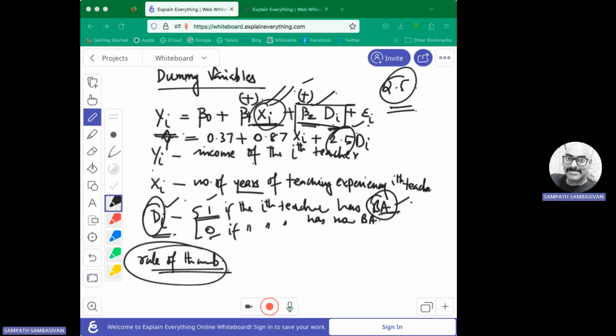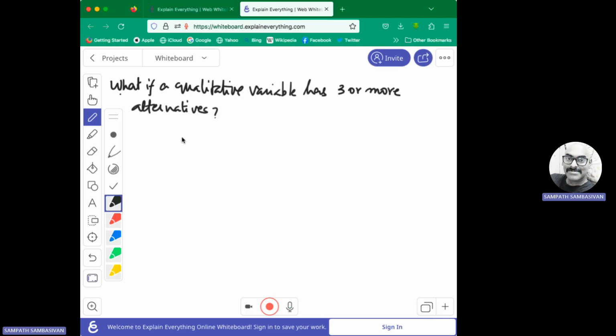So consider this kind of a possibility now. You can have a case where you can segregate these teachers into 3 categories. The degrees of the teachers can be segregated into 3 categories where you have PhDs, you also have teachers with an MA degree, and you also have teachers with a BA degree.